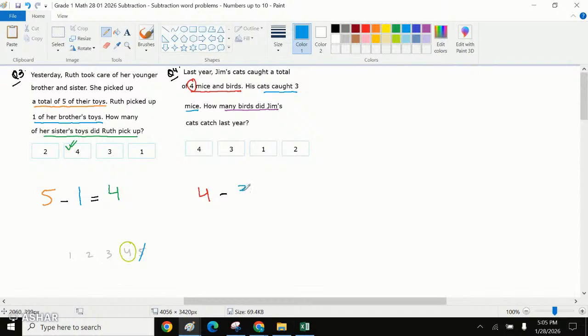There were 3 mice, right? There were 3 mice, and the remaining should be the birds. That means if we say the total was 1, 2, 3, 4, out of these 4, 3 were mice, then these many would be birds. Agreed? Then 1 would be a bird. Agreed? Do we agree on this?